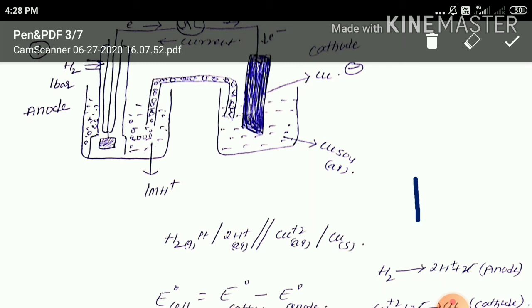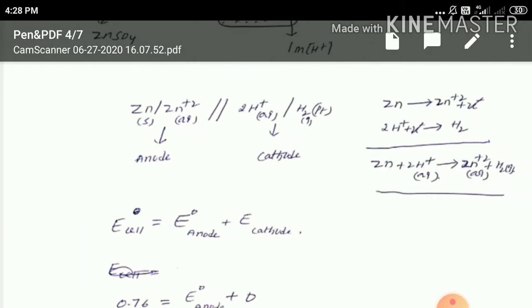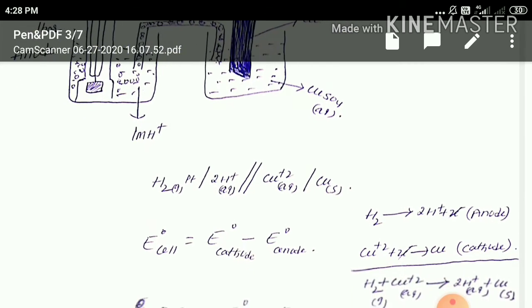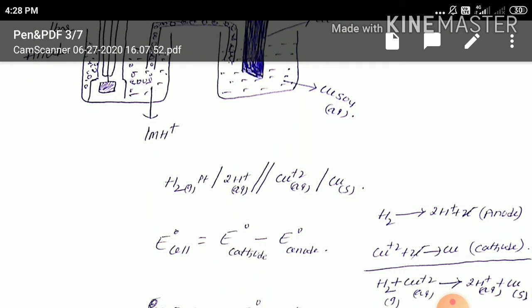Next, at the cathode, that is at the copper electrode, in the copper sulfate and copper containing half cell, Cu2+ ions accept 2 electrons and are converted into copper metal. It is a reduction reaction. So it occurs in the cathode or reduction half cell.